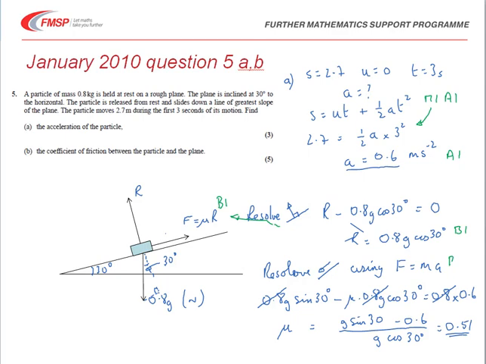The M1 A1 for using the resolving down the plane, and then finally an accuracy mark at the end for getting the 0.51. So 5 marks in total for the second part of the question.